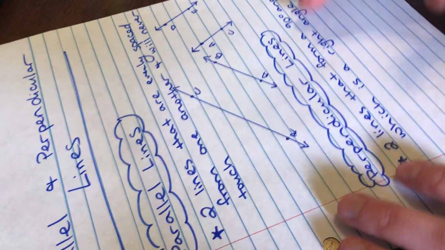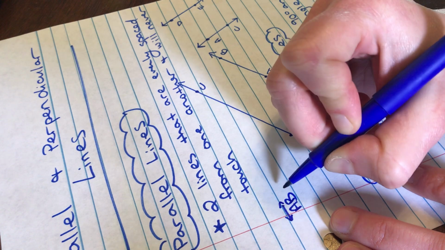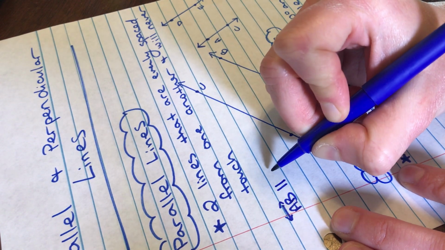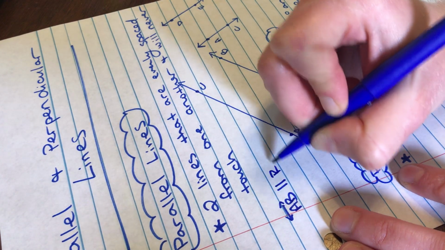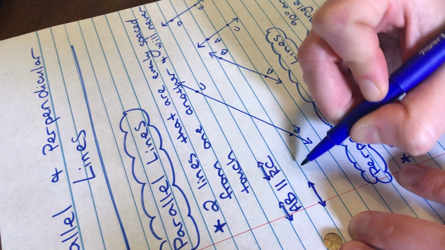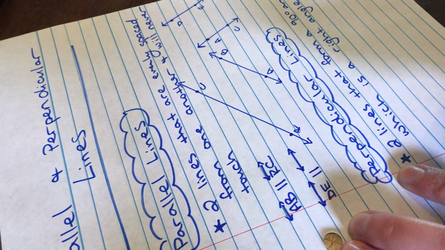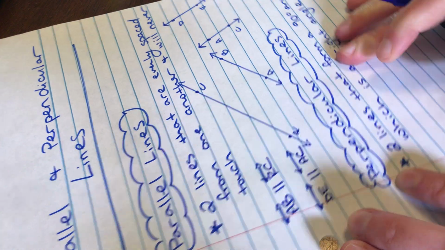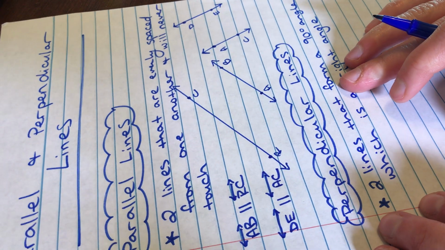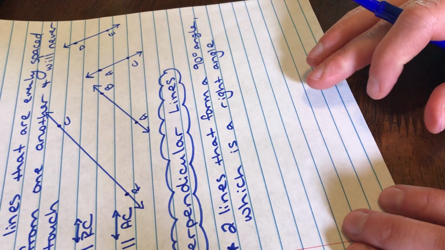And then in order to write that down, you would say that AB, line AB, is parallel to line RC. And line DE is parallel to line AC. Okay?